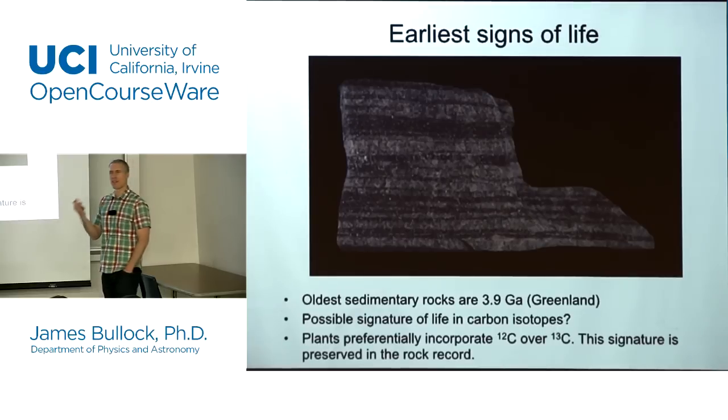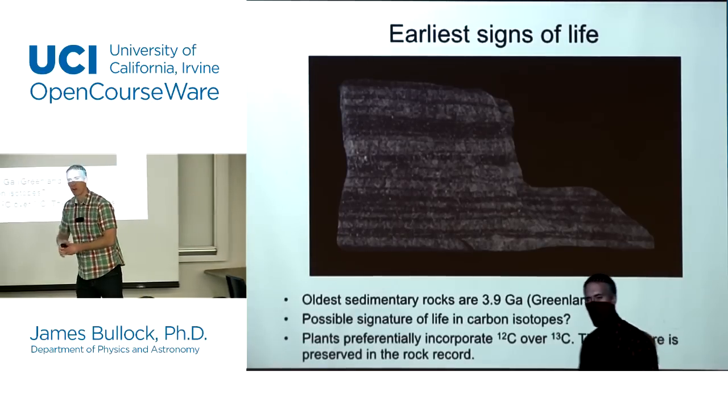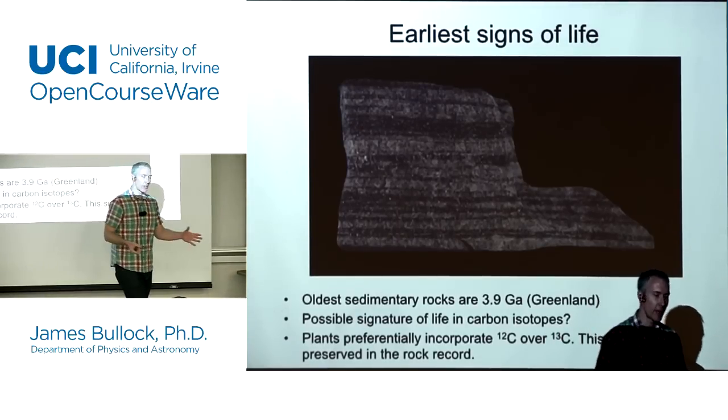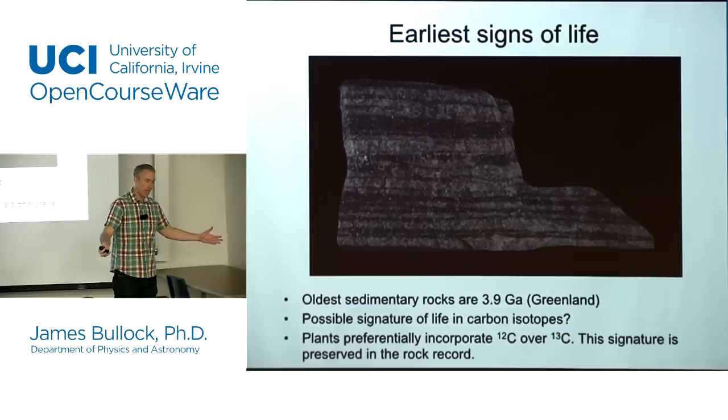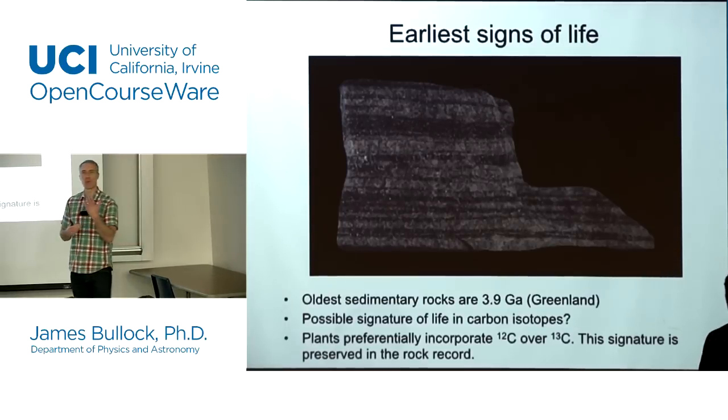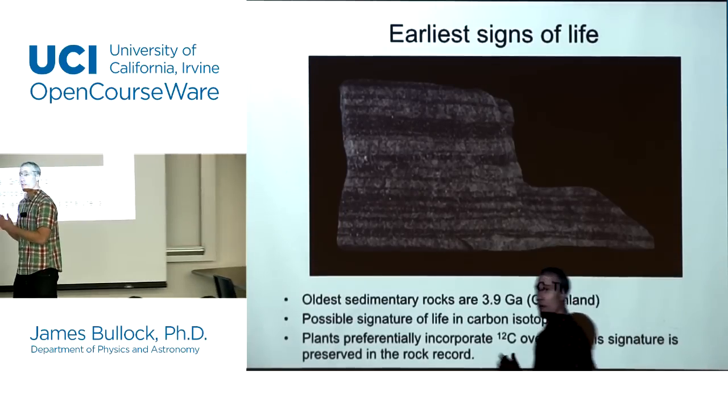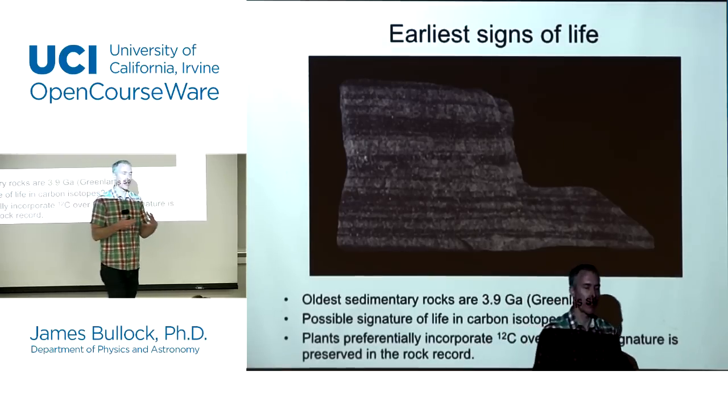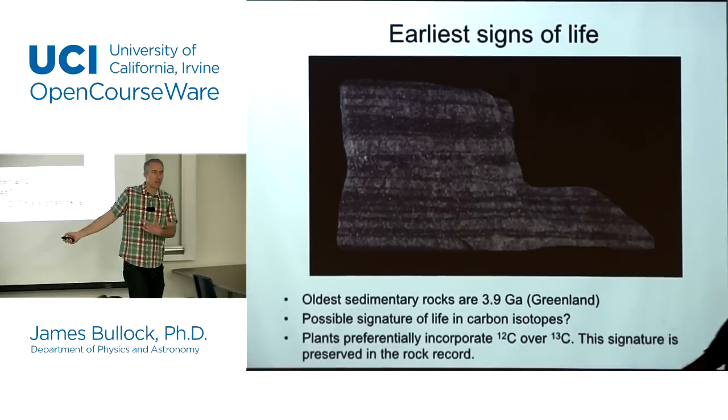So this is where this evidence comes from. It's not super direct, it's very different than digging in the ground and finding a fossil skeleton of a dinosaur. This is much more subtle stuff. But there are lots of lines of evidence that suggest that something interesting was going on at these early times.